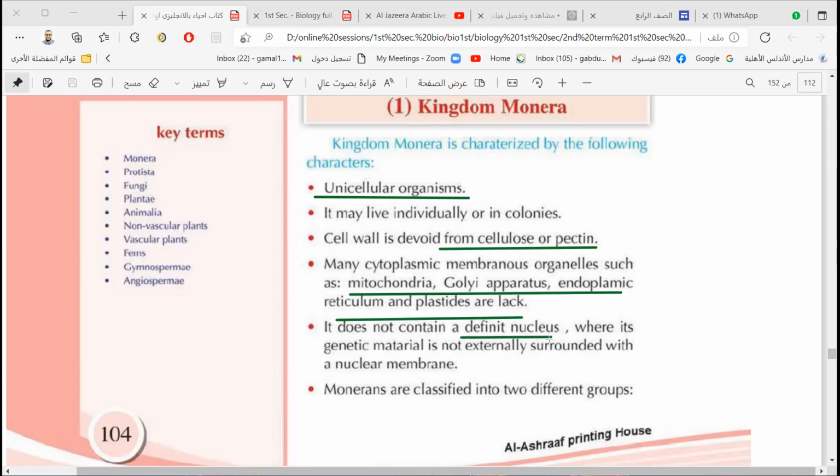The genetic material is not surrounded by a nuclear membrane, so they are prokaryotes, not eukaryotes. The genetic material is found in the cytoplasm without any membrane. So these are the important characteristics of kingdom Monera.